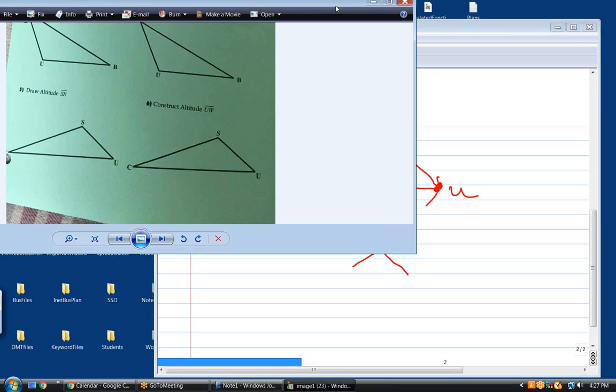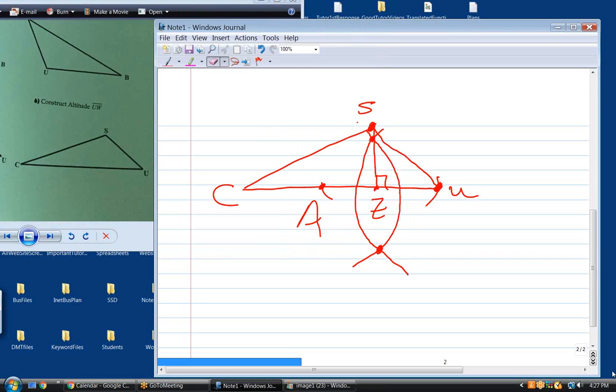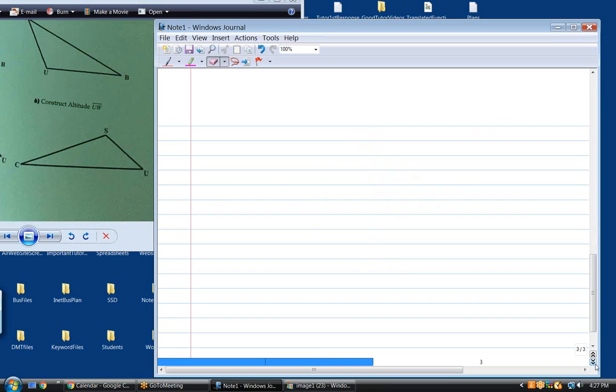All right, let's see. We got one more here. And this time we want to calculate an altitude from U. What was that? Number 6.